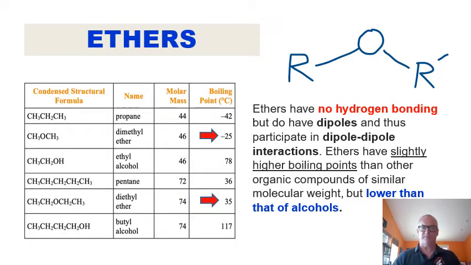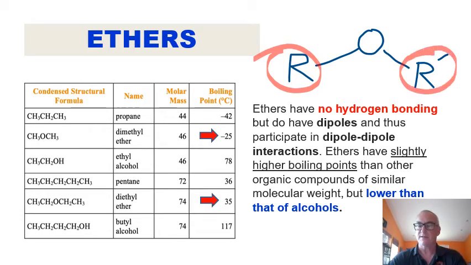So ethers can't hydrogen bond because they have a carbon group on one side and a carbon group on the other side, and they have an oxygen, which could be a hydrogen bond acceptor, but there's no hydrogen bond donor.